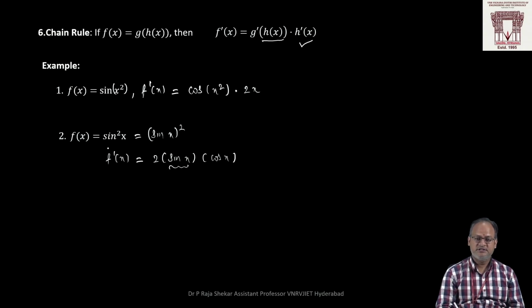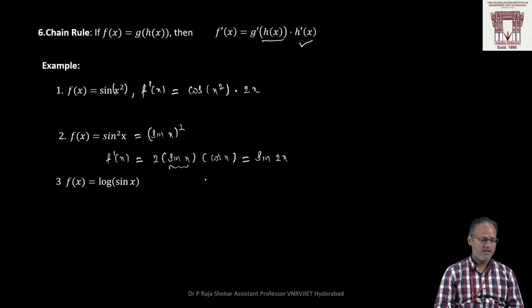So the derivative of sine square x is 2 into sine x into cos x, which, as per the trigonometric formula, is sine 2x. As you know, sine 2a is 2 sine a into cos a. So we can write it as sine 2x.